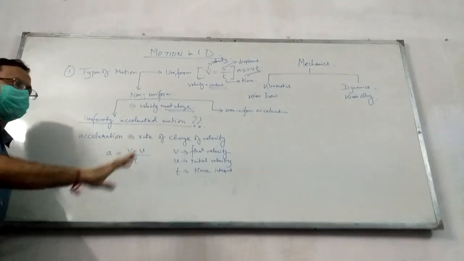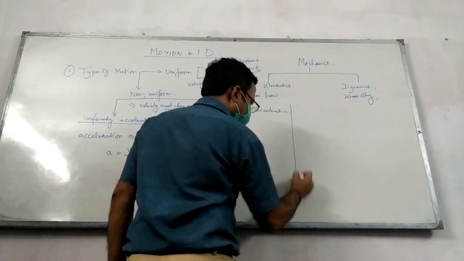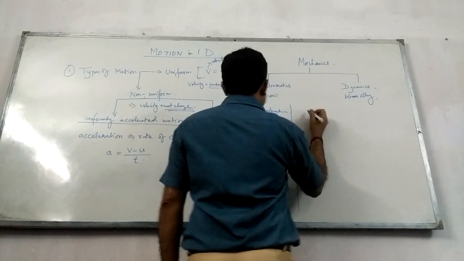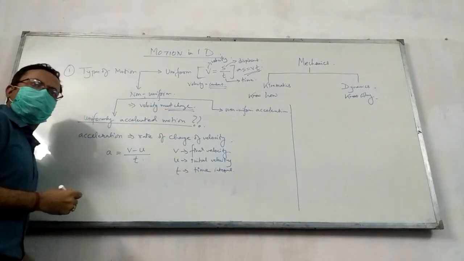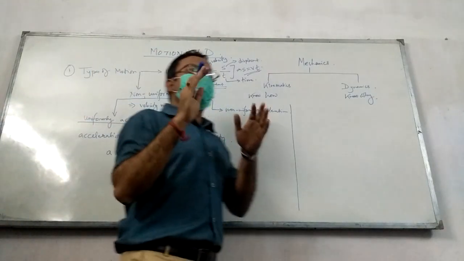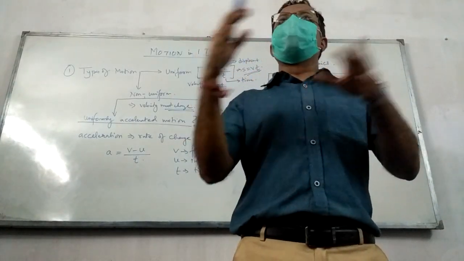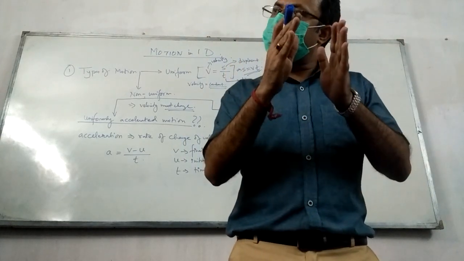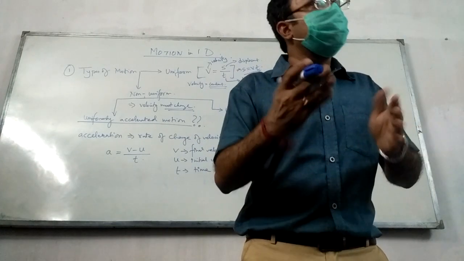Now, I need to tell you something important before we proceed any further. When we are dealing with changing velocity, velocity must change, right? That means velocity is not the same everywhere. Say you are inside a car and the car is moving. Does the velocity remain constant all through? No. When the signal comes, you have to apply brakes, stop.